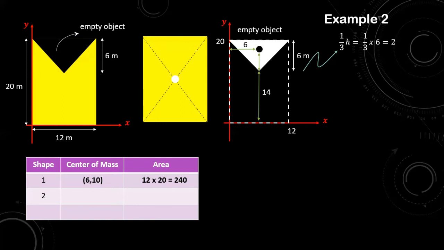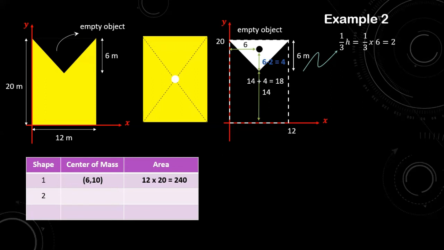And the second one is from the top of this empty object to the black dot as the center of mass of this empty object. We found that 6 meters minus 2 meters, we found 4 meters. Right, everyone? Okay, next.